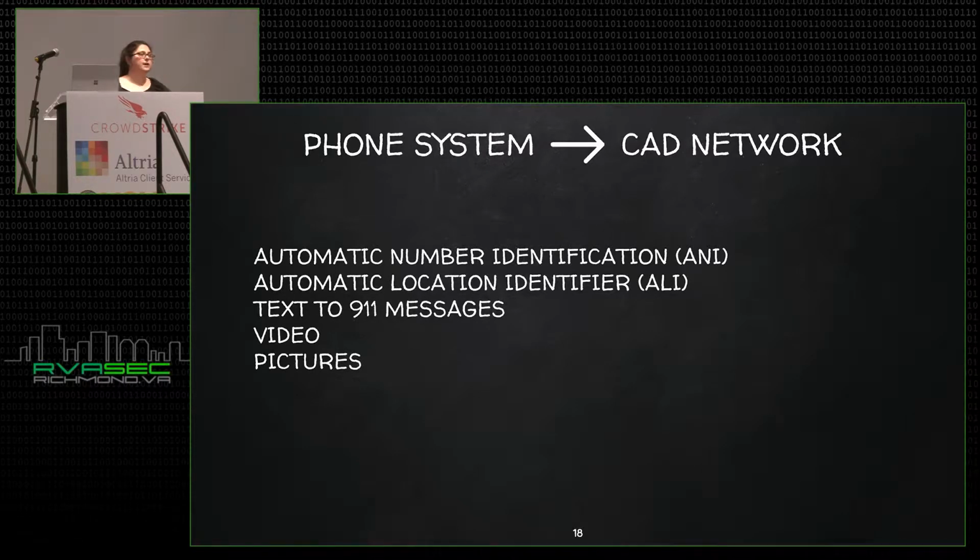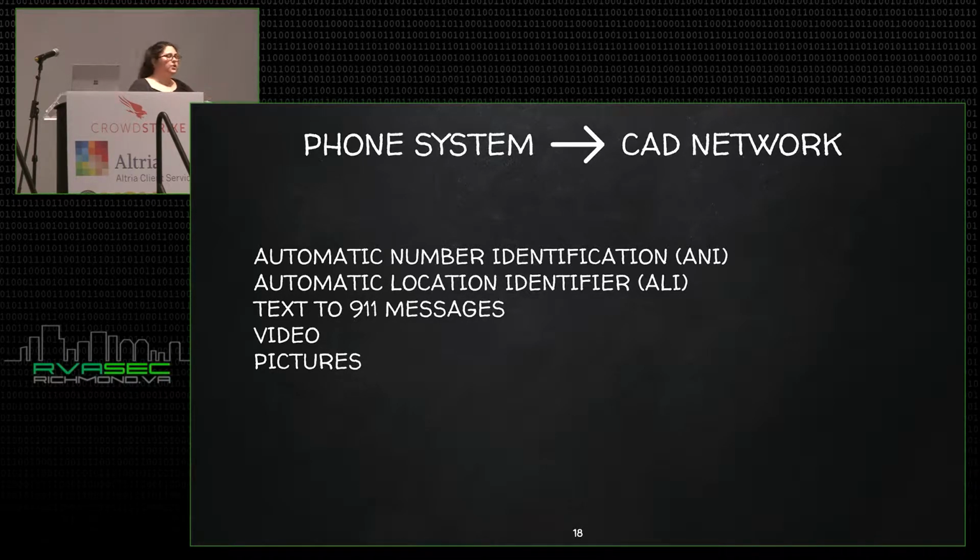But with NEXTGEN 911, you can't send video over a serial cable. I mean, you can. We've all had dial-up. But it'll take years. So with that, you need a bigger pipe, which is probably going to be Ethernet, which means that any kind of malware, once it hits the CAD network, can slip into the phone system or the NEXTGEN 911 system.